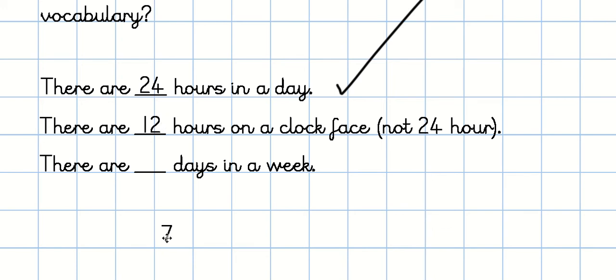And there are 7 days in a week. So these top two are really important that we remember them. There are 24 hours in a day, and there are 12 hours on a clock face.